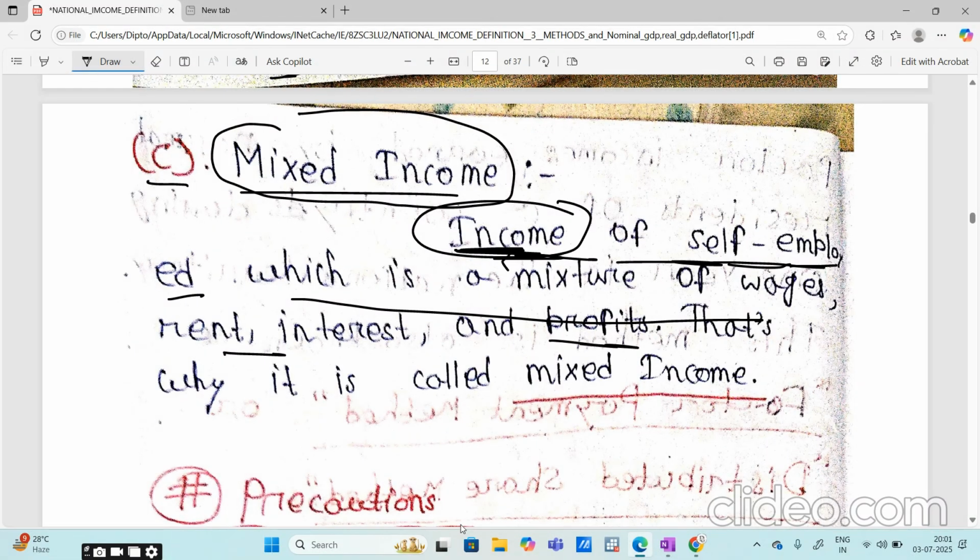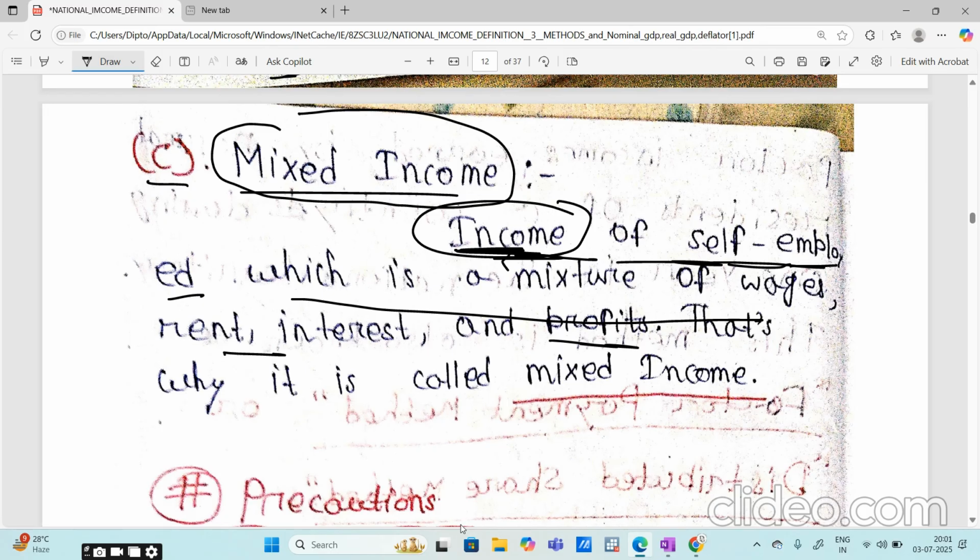Suppose I am delivering water tins, water drums, right? I am buying those water drums, suppose at 35 rupees, and selling them at 50 rupees. My profit is 15 rupees. But I am not a firm, I am not a producer, I am basically a self-employed person.